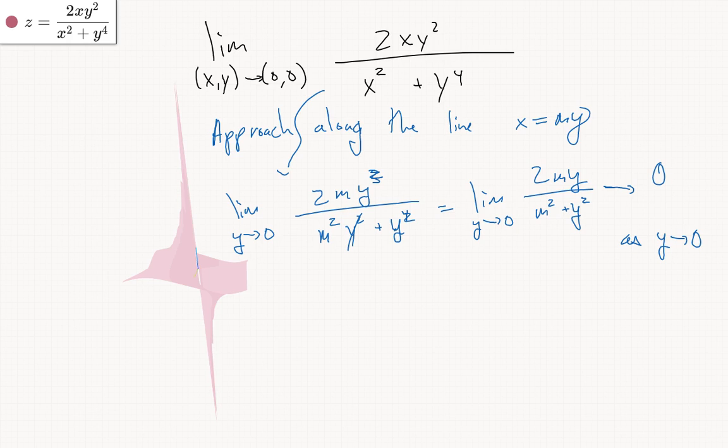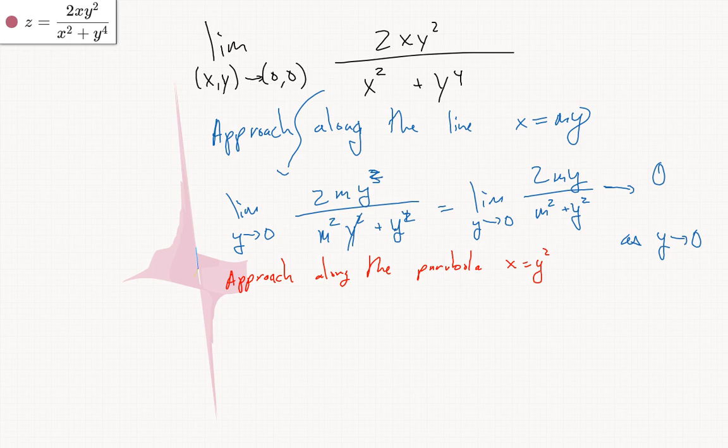However, let's try also approaching this along a path which is not a line. So we'll approach along the parabola x equals y squared.